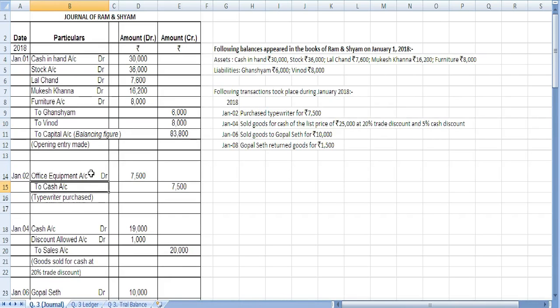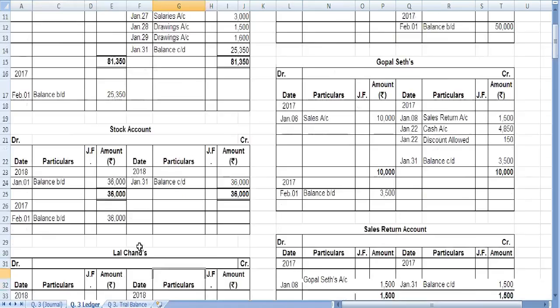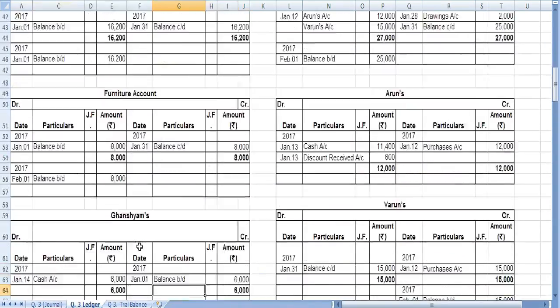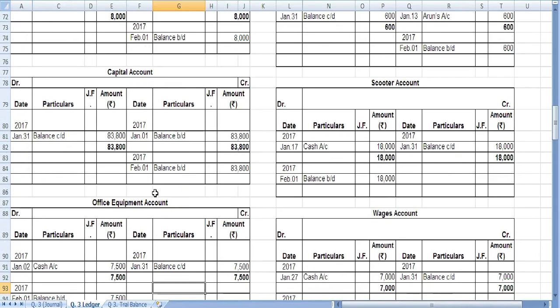The journal was office equipment to cash. So in office equipment we'll go straight and write down to cash, what we have done already here. Once again let me show you. Here we have office equipment to cash. Now we don't have to forget to enter office equipment in the cash account ledger.